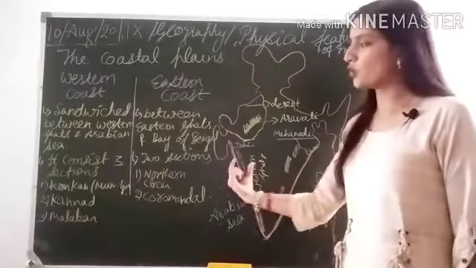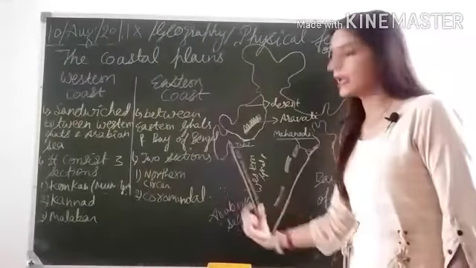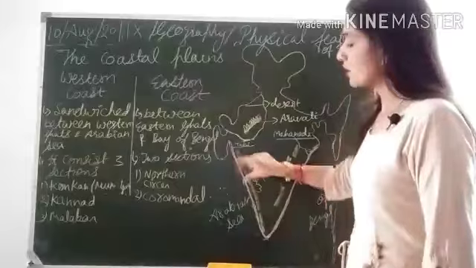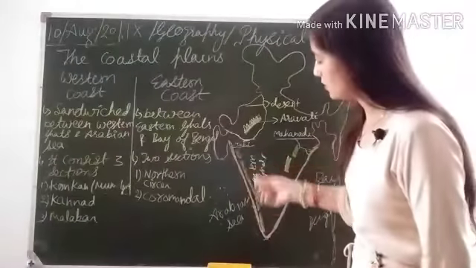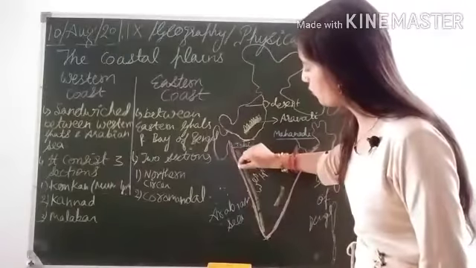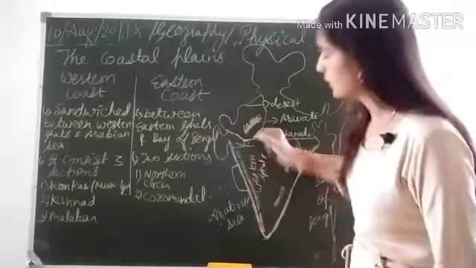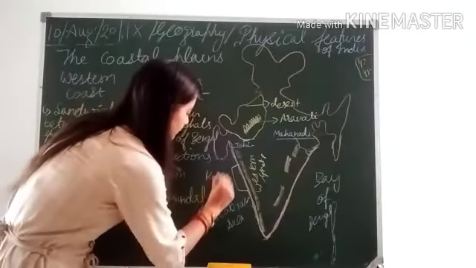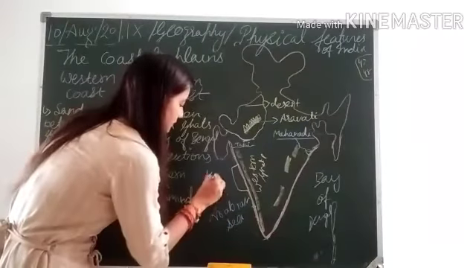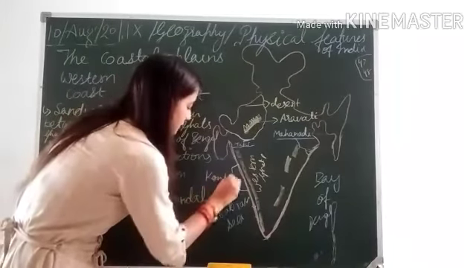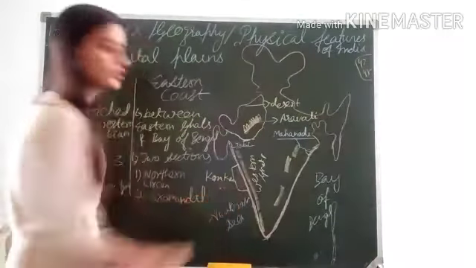The first section is the Konkan Coast, the second is Kannada, and the third is Malabar. The Konkan Coast lies from Mumbai to Goa.